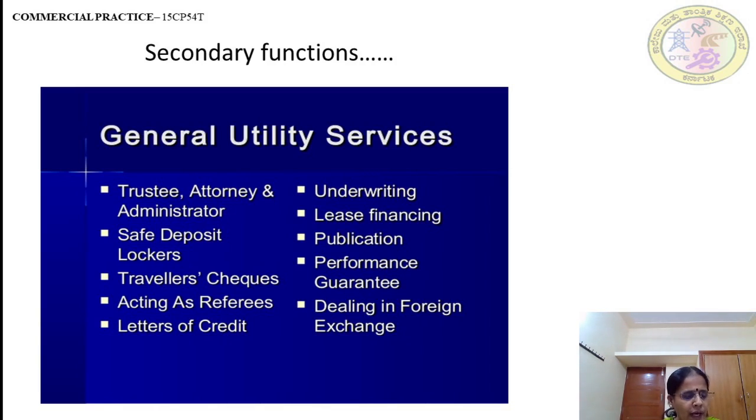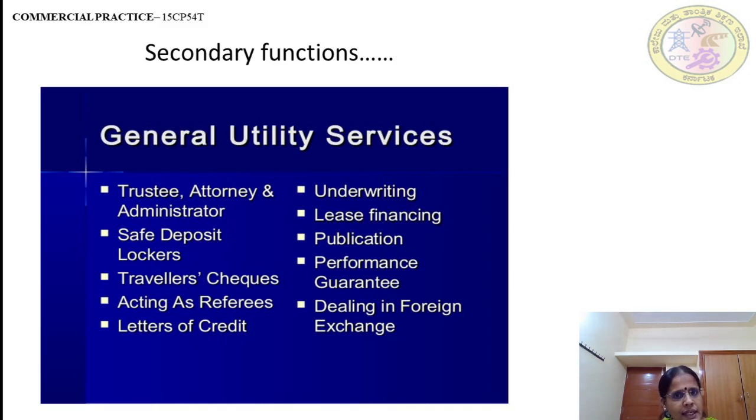You also have traveler's checks, acting as referees, letter of credit, underwriting, lease financing, publication, performance guarantee, and dealing in foreign exchange. All these aspects we will discuss in the next class. We have to understand the banking services relating to agency services and general utility services.